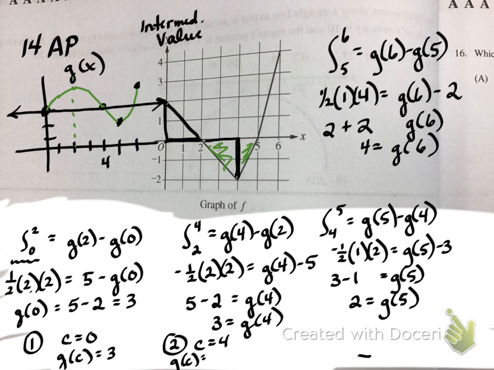And because g of 5 is 2, and g of 6 is 4, therefore, there must be some c value between 5 and 6, such that g of that c is equal to 3. So that's the intermediate value theorem. So that's how we can get that there are 3 values there. That one's a tough one.